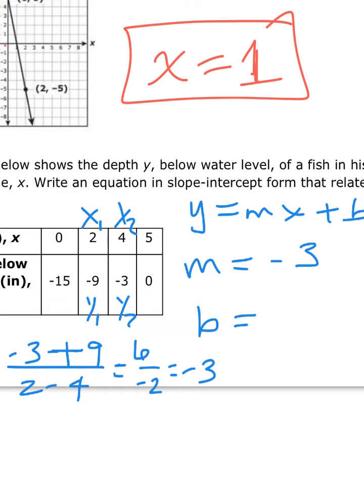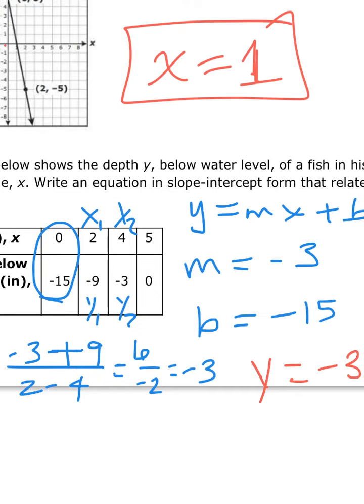So my slope is -3 or -3 over 1. Beautiful. And do I need to solve for the y-intercept, or is that in this table? It's in the table. Which one is it? -15, because when x is 0, y is -15, so I can write my equation now, right? And I have y equals -3x minus 15.